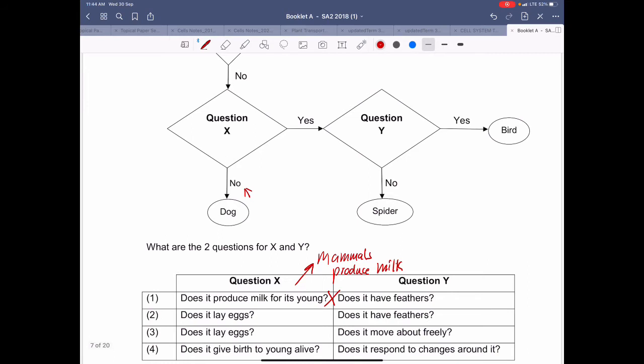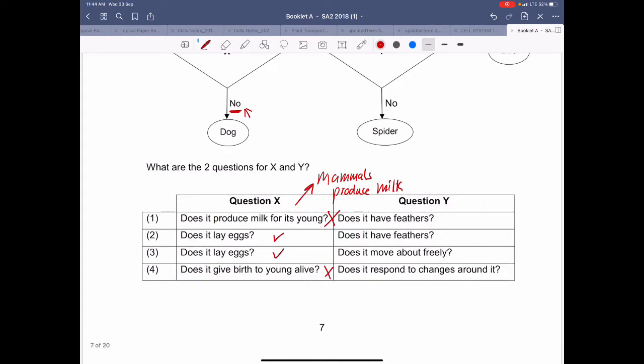It's true, dog doesn't, so correct. Does it give birth to the young alive? Wrong. Why? Once again, the answer for it is a no. But you know that mammals give birth to young alive. So straight off, I can eliminate option 1 and 4.